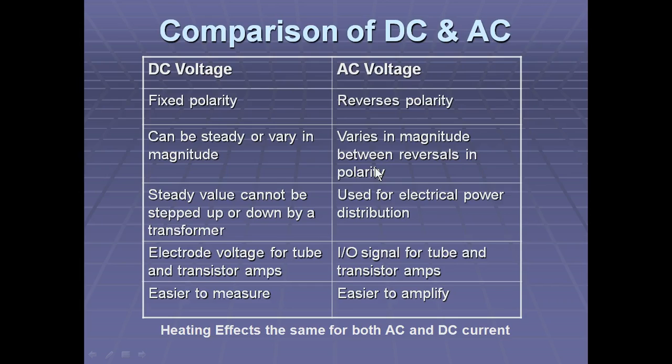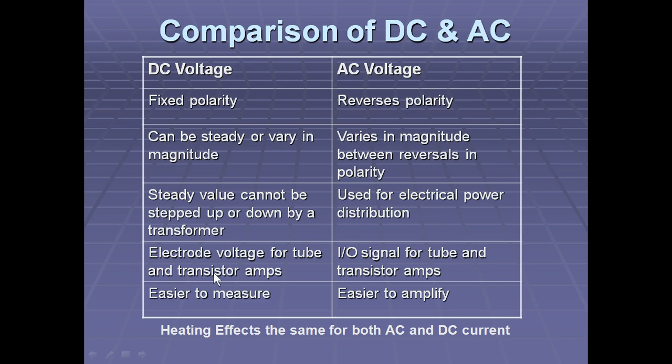So if we compare AC and DC, DC has fixed polarity, AC reverses polarity. DC can be steady or vary in magnitude, while AC varies in magnitude between reversals in polarity. DC voltage is a steady value and cannot be stepped up or stepped down by a transformer, whereas AC is used for electrical power distribution.